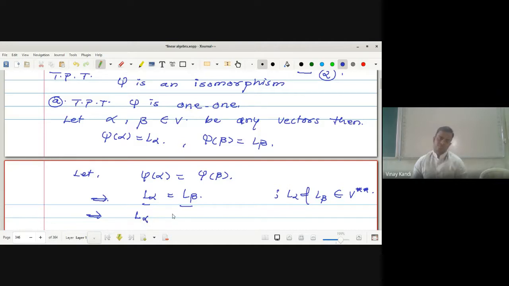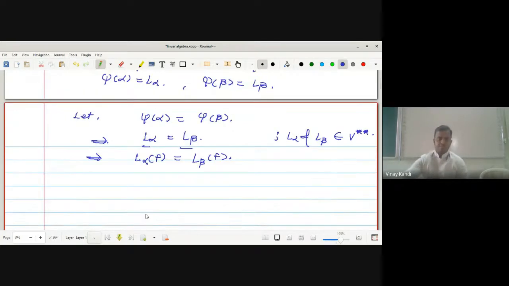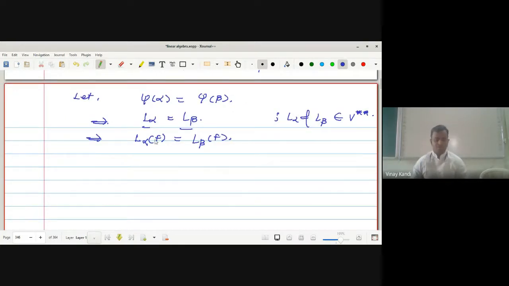L alpha operates on f and L beta operates on f again. If these two are equal, then... no, not images, sorry.